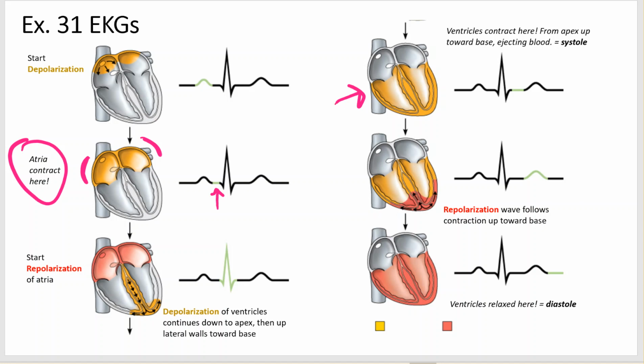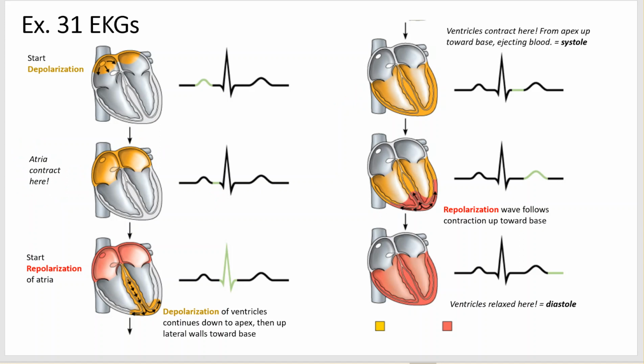So when we see full depolarization, we know some contraction is happening in a wave, in the direction of the path of the electrical signal. So it goes down to the apex, and then the heart squeezes up towards the base. So atria fully contract at this stage.